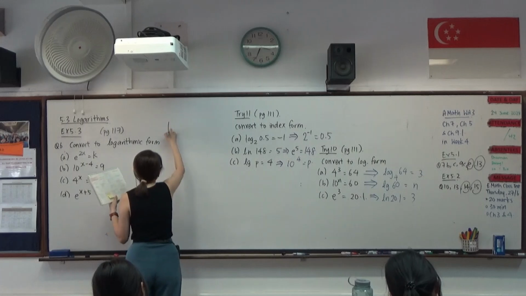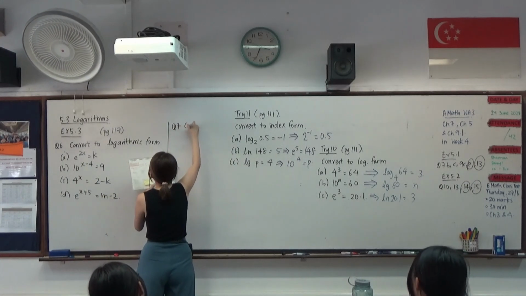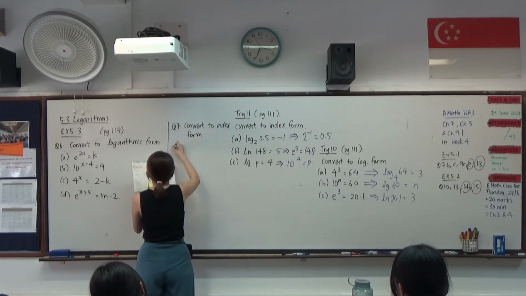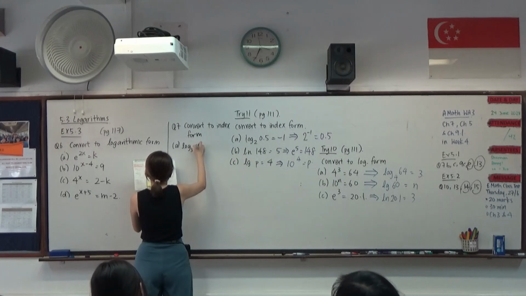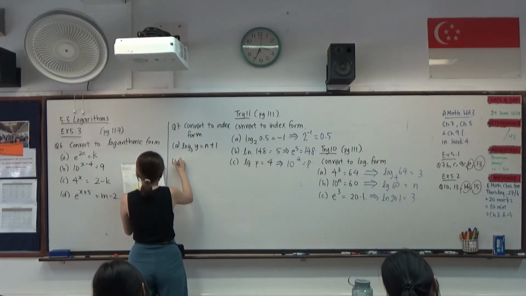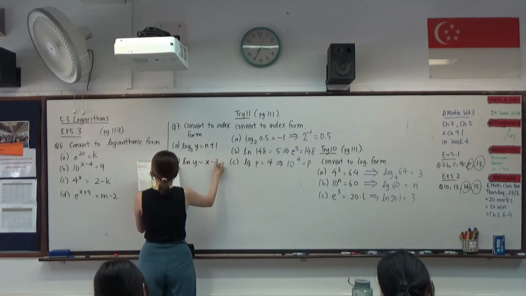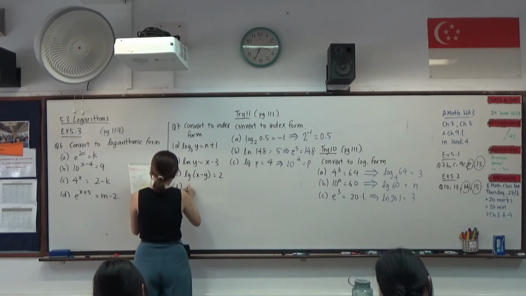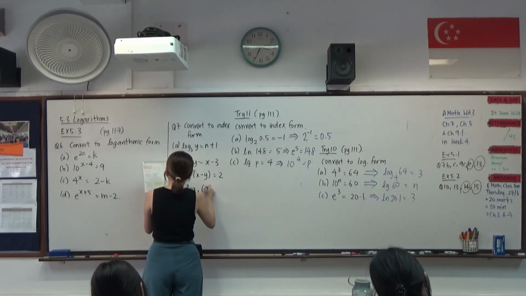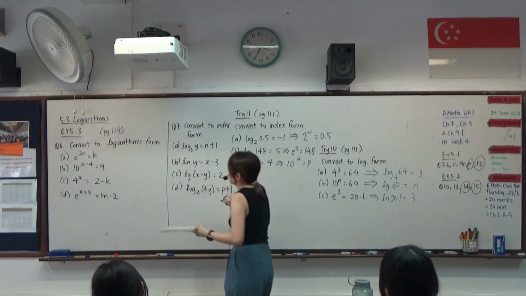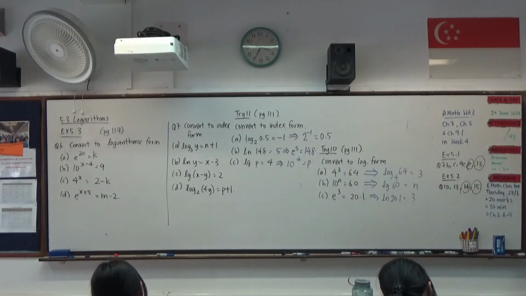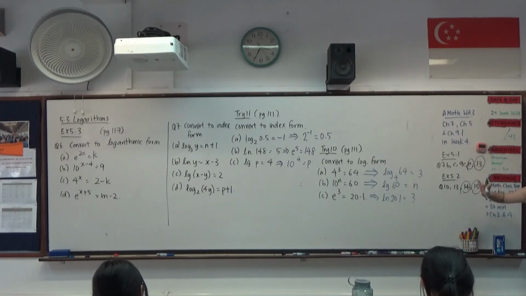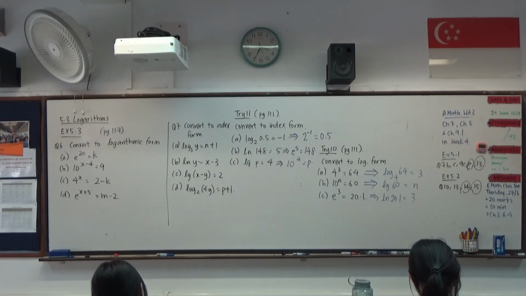And then question 7, convert to index form. Okay, I'll just give you 3 minutes to do. It really shouldn't take you forever. It should take you 10 seconds for each question. Okay.